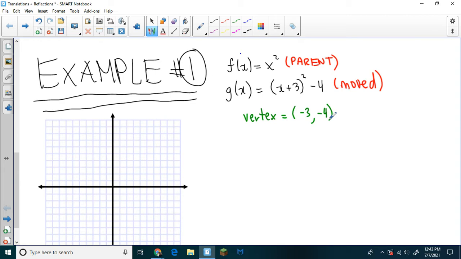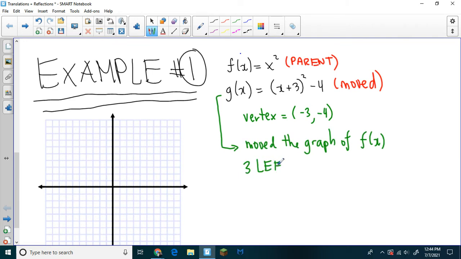So that means that, when we think about writing the vertex compared to the original function, what we're doing here is we've moved the graph of f of x 3 to the left and 4 down.